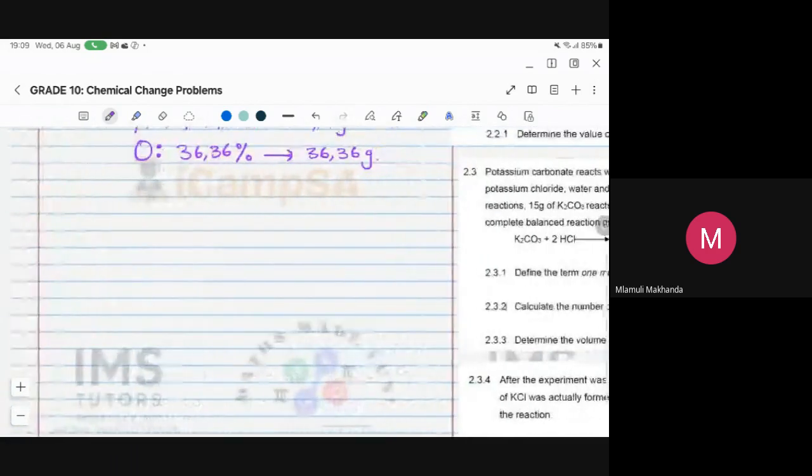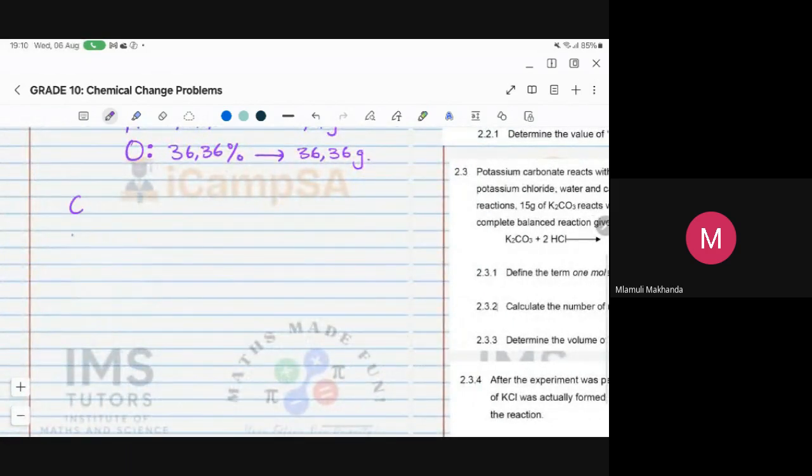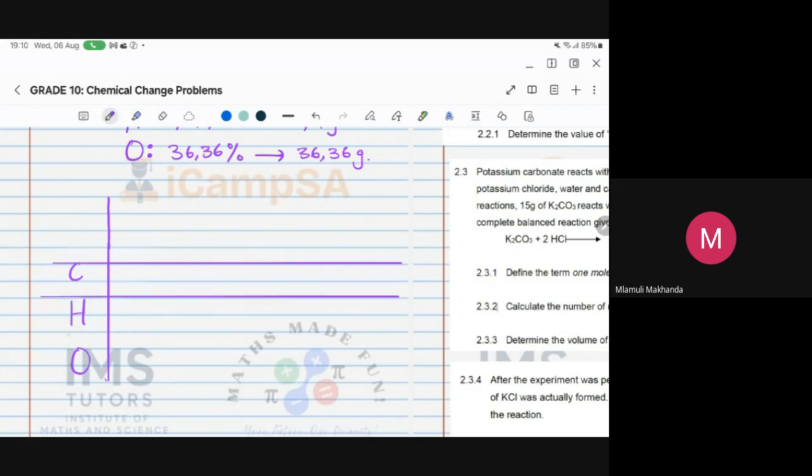Good. Now, let's do our table. Actually, I could have taken the other one, but it's fine. C, H, O. In case it doesn't fit. Okay. Then we have that. This might be a bit too big, but it's fine.